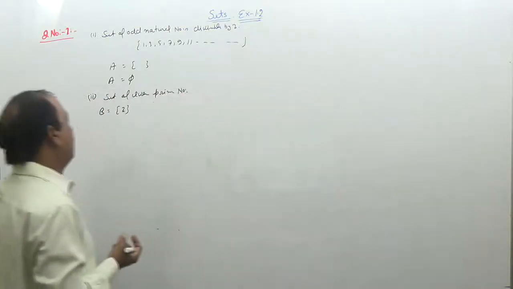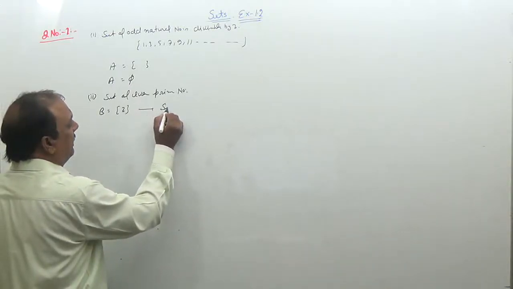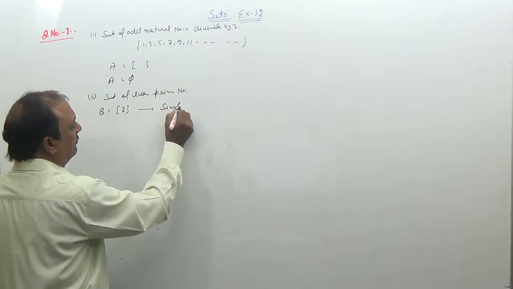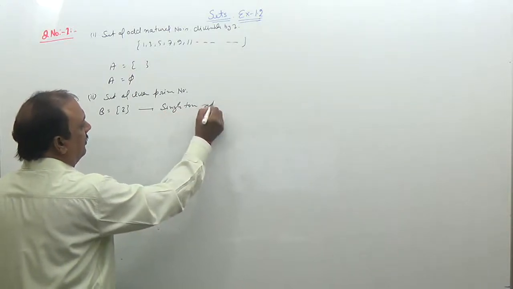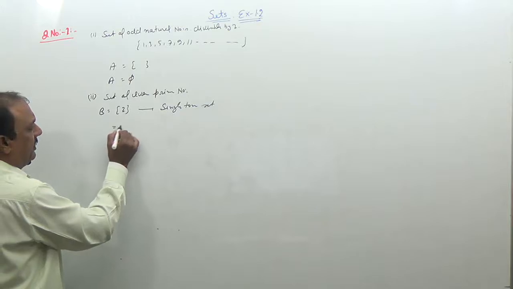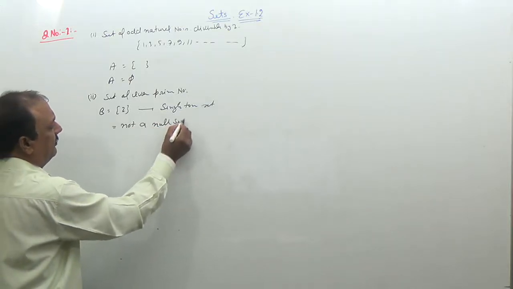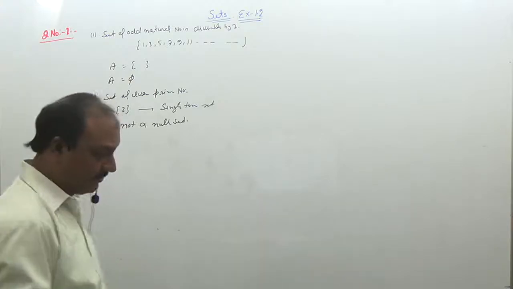So this set is not the empty set. What type of set is it? This one is called a singleton set. So it is not a null set, because it contains one element.